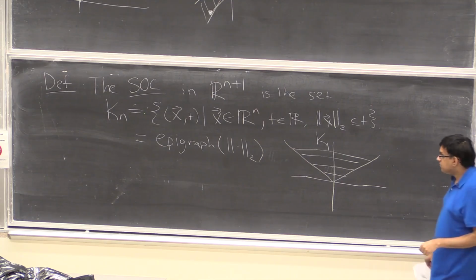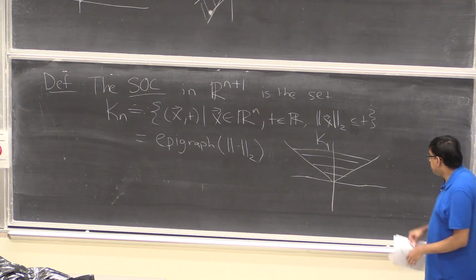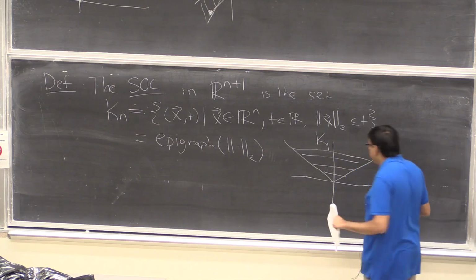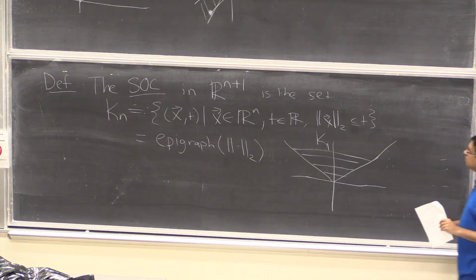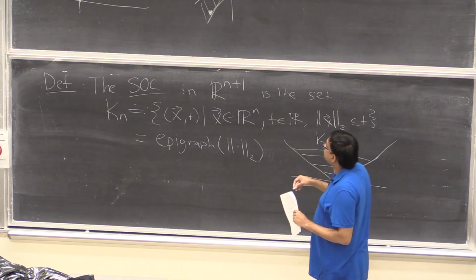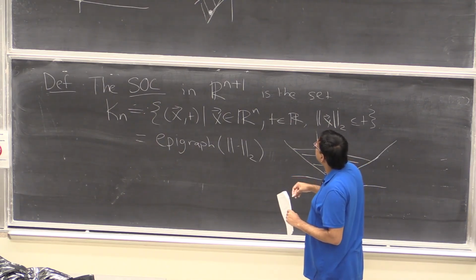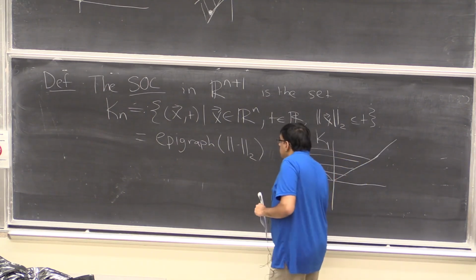How is that a cone? It looks like a hyperbola. These are supposed to be straight lines. I apologize for screwing up the drawing. The non-convex cone usually. Okay, good.